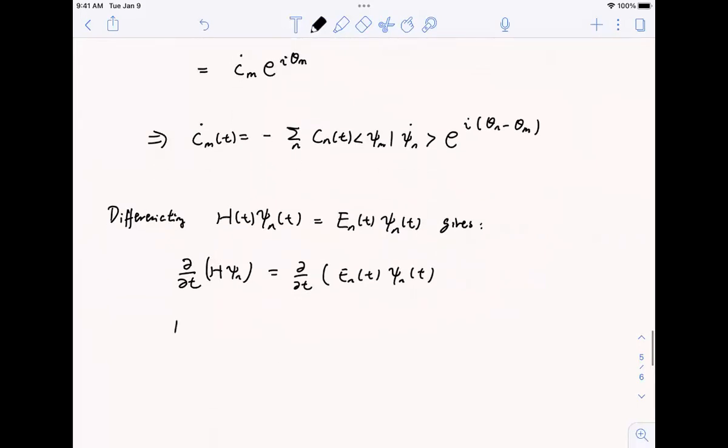After you do the derivative, you're going to get this. And here you have En and En.